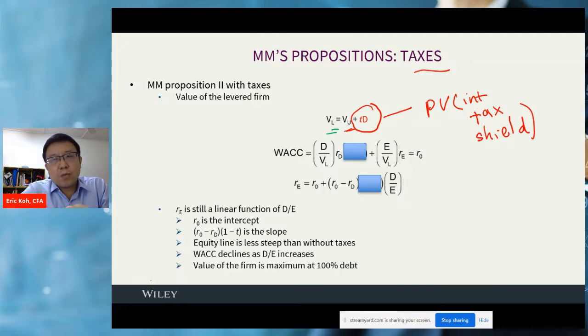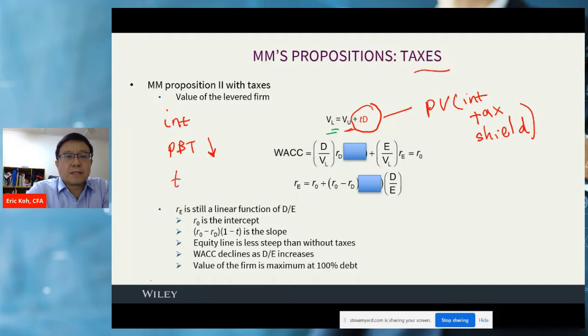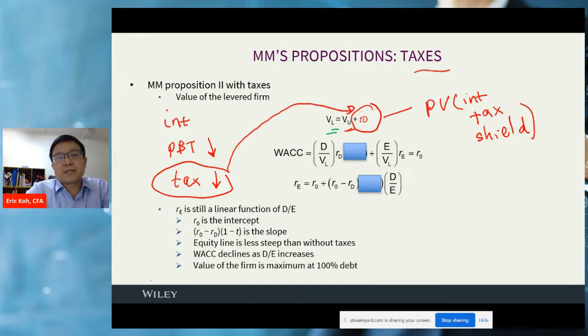In a world with taxes, if the firm borrows, what would the firm have to pay? The firm will have to pay interest, right? When the firm pays interest, its profit before tax goes down, and guess what? Its tax cash flow would also go down. So these are things that will help add value to the firm as compared with a firm that is 100% equity-based financing.